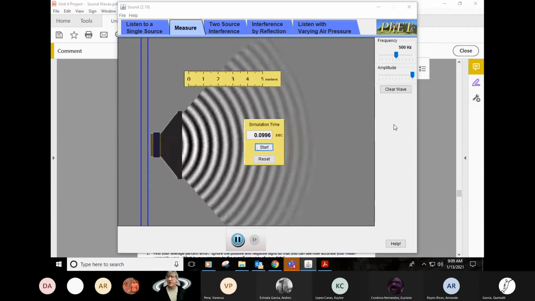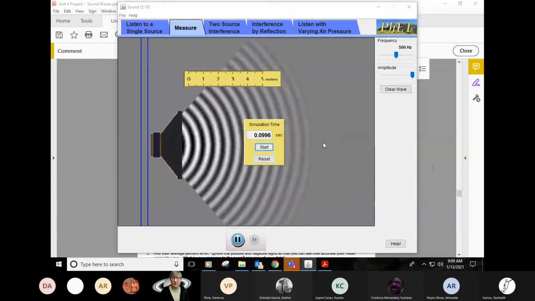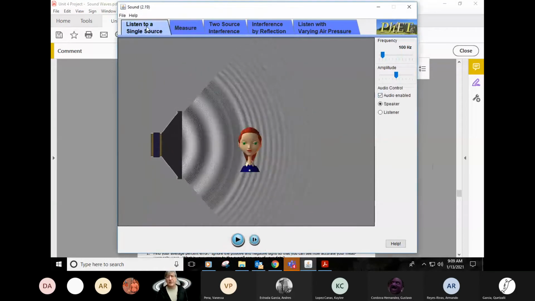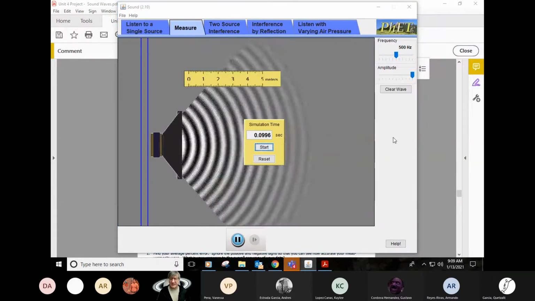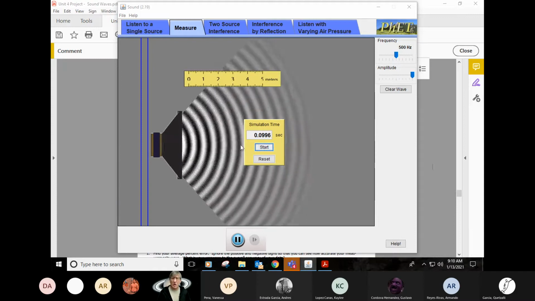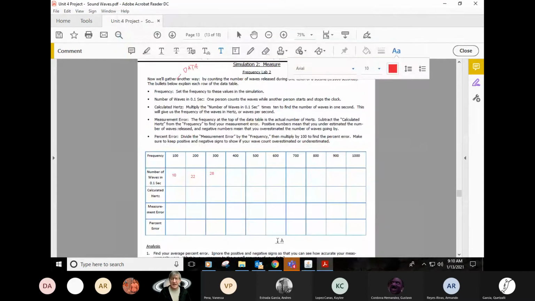I just didn't want to listen to it the whole time. But this would be making sound, and I think it would be hard for you to hear though, and it would be driving me crazy. So I did not turn the sound on this time, but if we were listening at the same time we were watching, we would hear the pitch rising higher and higher. So was that 500? Yeah.